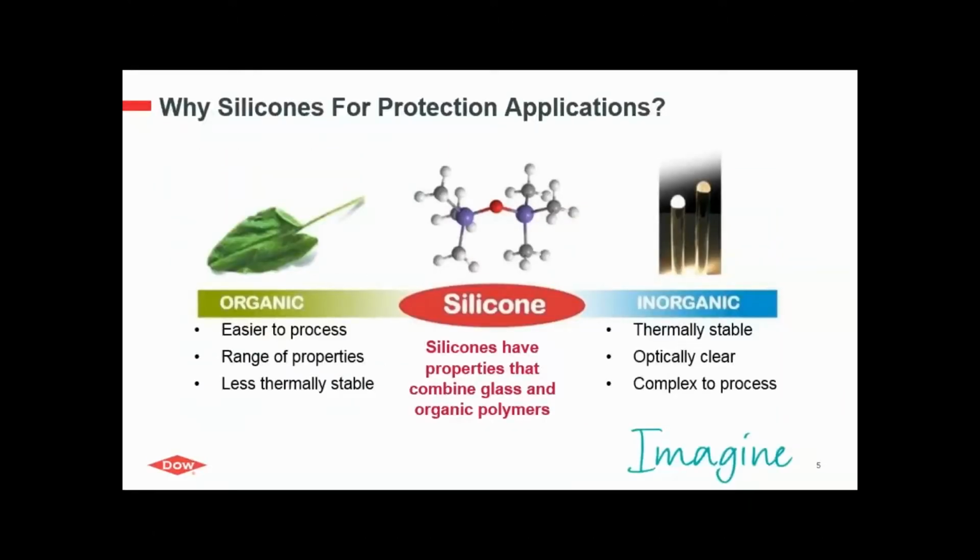So why silicones for protection applications? Silicones are indeed hybrid molecules, so they're made up of organic and inorganic chemistry. While organic polymers are easier to process and provide a wide range of properties, but are less thermally stable, inorganic chemistry or inorganic materials like glass, for example, are more thermally stable and provide an optical clearness, but they are more complex to process. So in a way, silicones combine the benefits of both chemistries while somehow compensating the limitations.